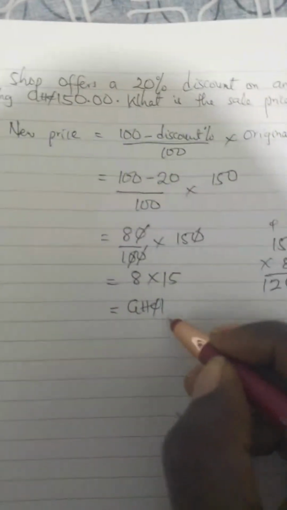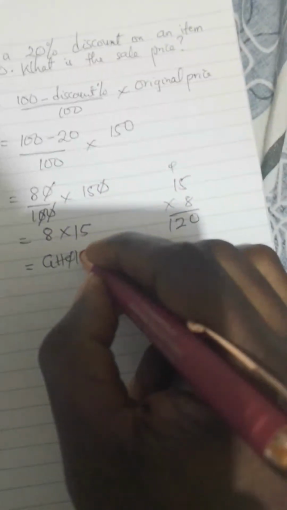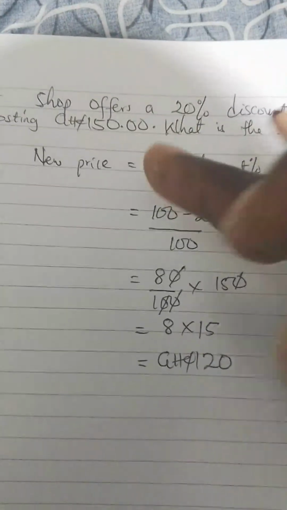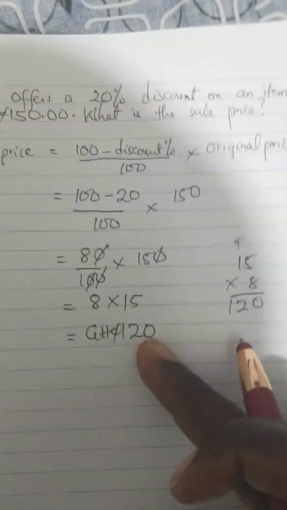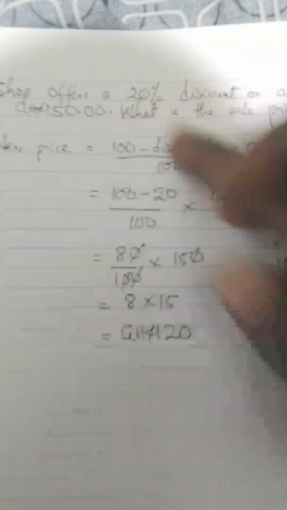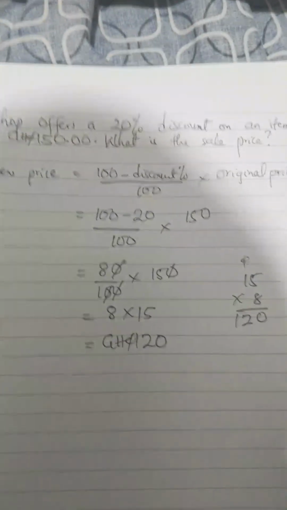So you get 120 cedis. So instead of paying 150 cedis, you pay 120. That is because of the discount of 20%. So that's how to calculate for discount.